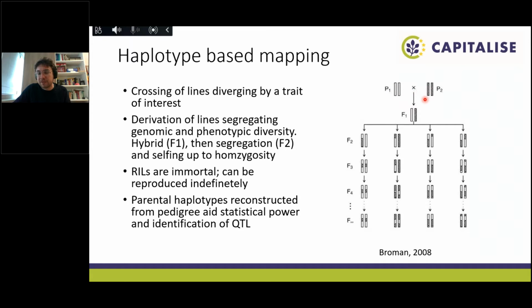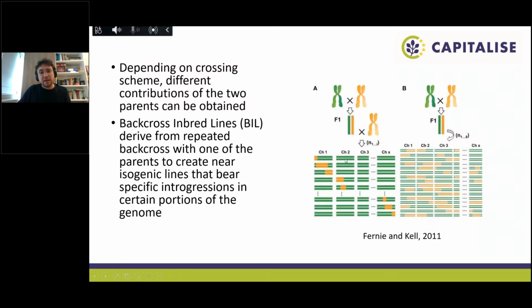So you cross different individuals, you produce F1s, and then you eventually produce recombinant inbred lines, which are immortalized, completely homozygous, and are a picture of different recombinations of the haplotypes of the parental lines. This method is very powerful because you can really connect the variation in phenotypes back to haplotypes, which are reconstructed by following the pedigree of the lines.